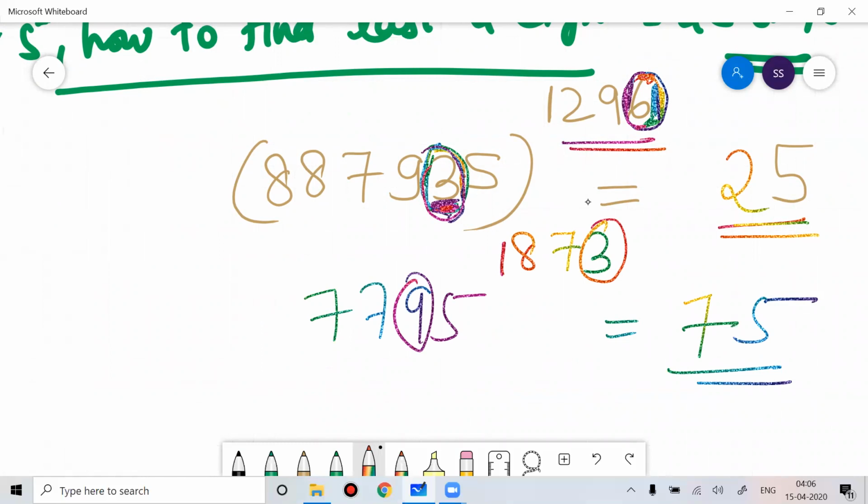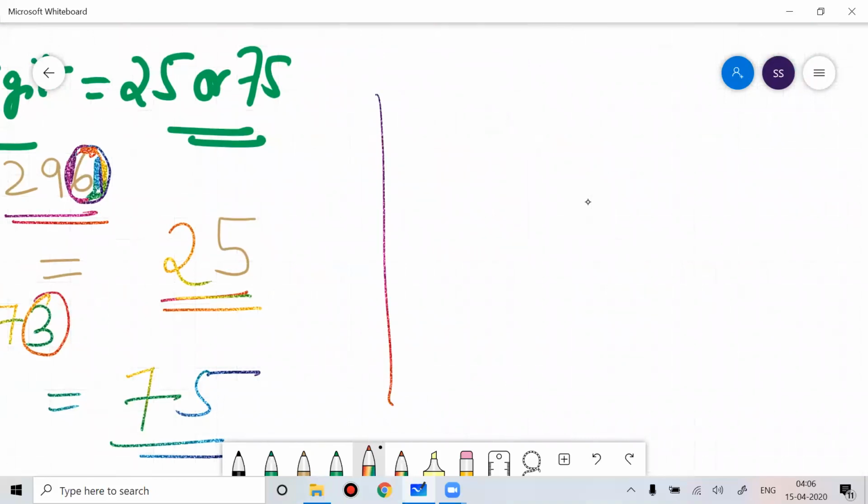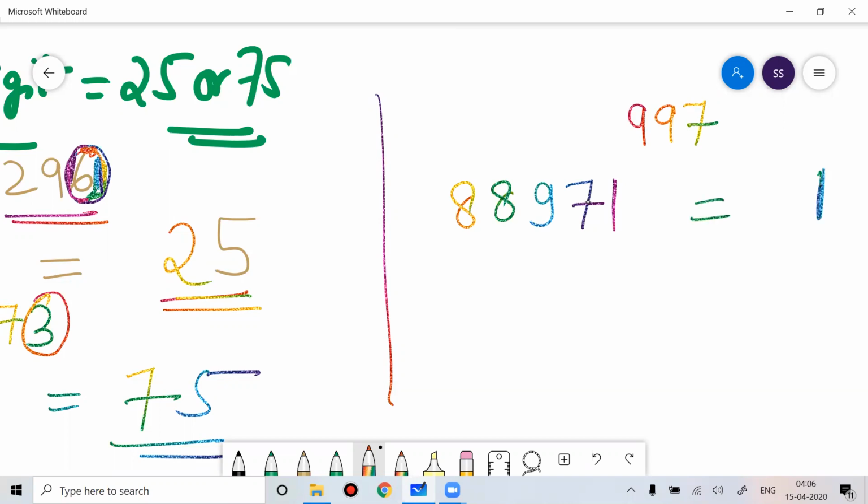Now I'll talk about 1. Whatever I'm saying for 1, the same logic you can use for 3, 7 and 9. For 1, always remember, something like 888971 to the power 997. Any number which ends with 1 has unit digit 1.